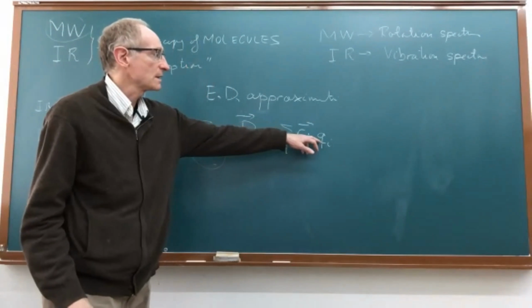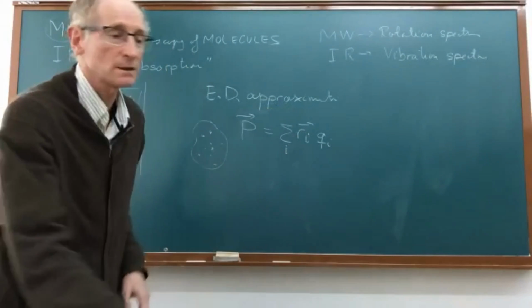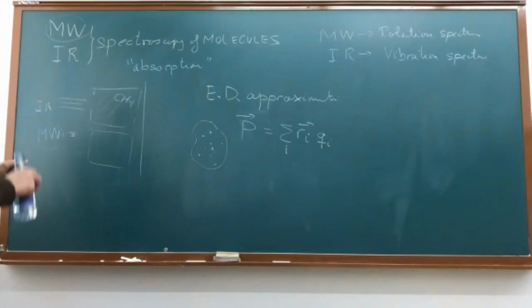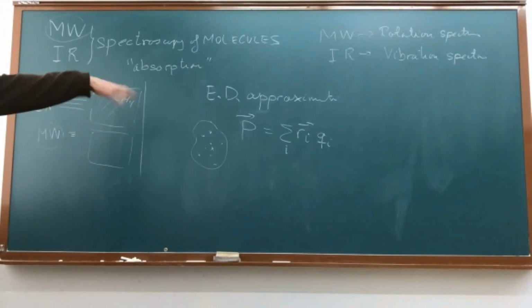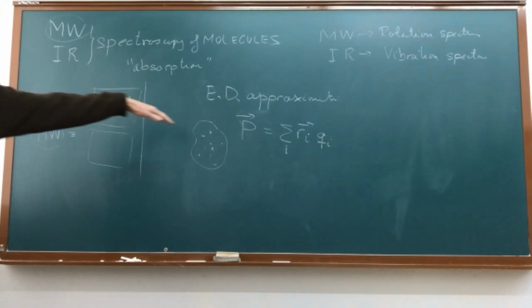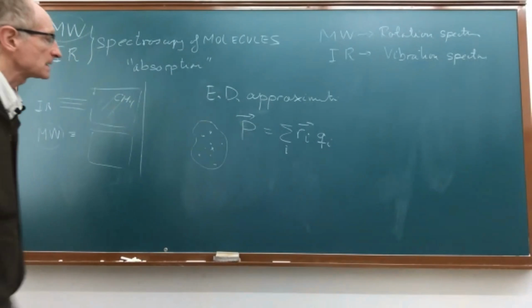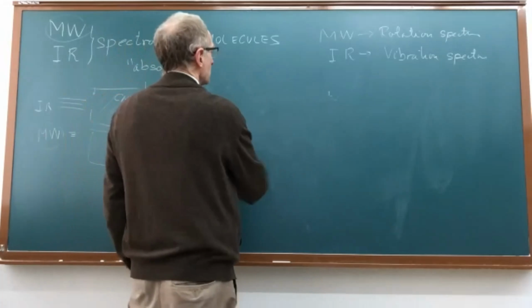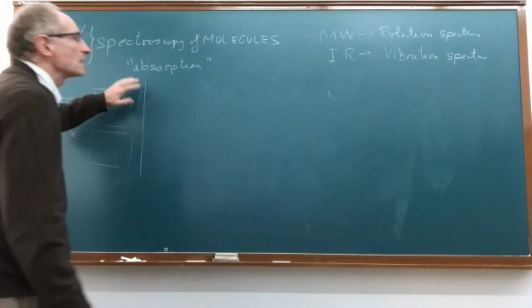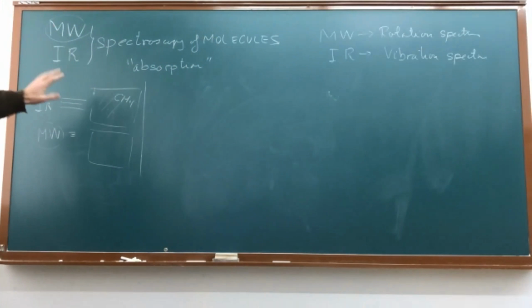The sum, these are the charges, these are the positions with respect to the center of charge. We assume that all these things are neutral, so there is no net charge. So to leading order, that's the thing that really matters. So that's one thing. And today we will care only about dipoles, not quadrupoles, not any other thing.